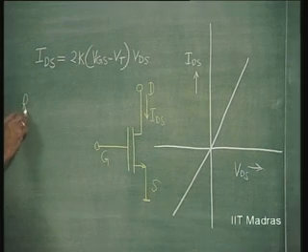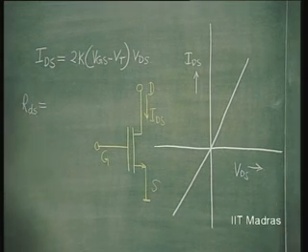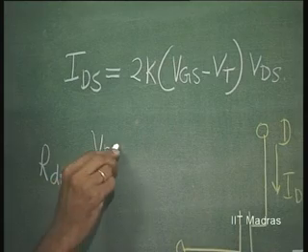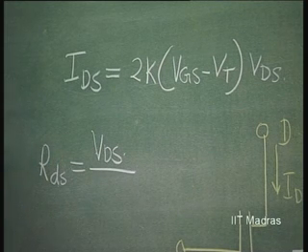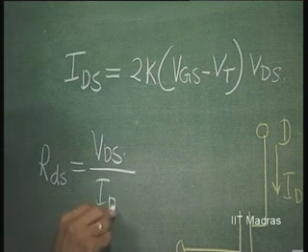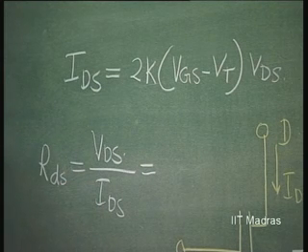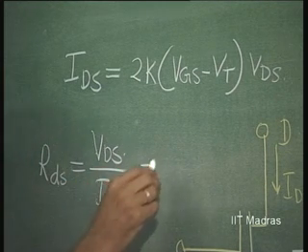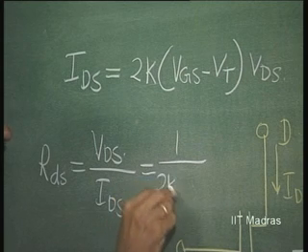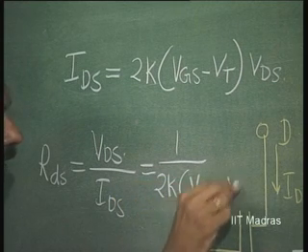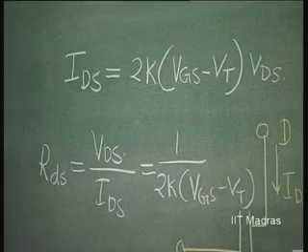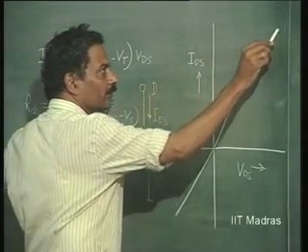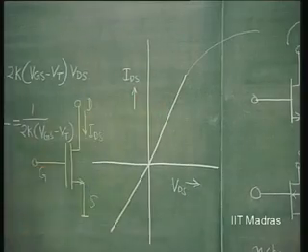the resistance RDS, which we said is going to be quite useful for us, is nothing but VDS divided by IDS, V by I, Ohm's law, and that is equal to 1 by 2K into (VGS minus VT). This is valid as long as it does not go into the nonlinear region.